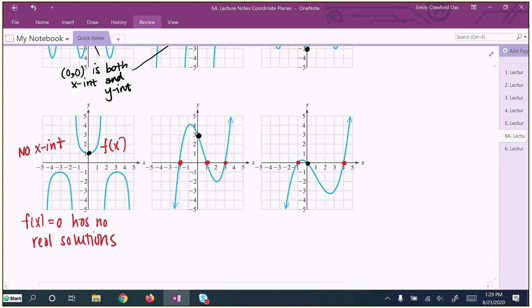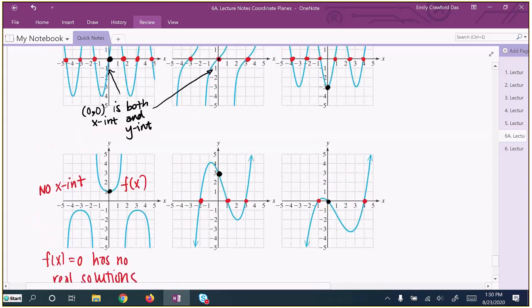The graph here has 3 x-intercepts and 1 y-intercept. It was neither even nor odd, but I can tell visually that this is true. Whereas the last graph also has 3 x-intercepts and 1 y-intercept, and it just so happens that the origin is both the x-intercept and the y-intercept. But that doesn't mean that this graph was odd. Remember, this graph was neither even nor odd.